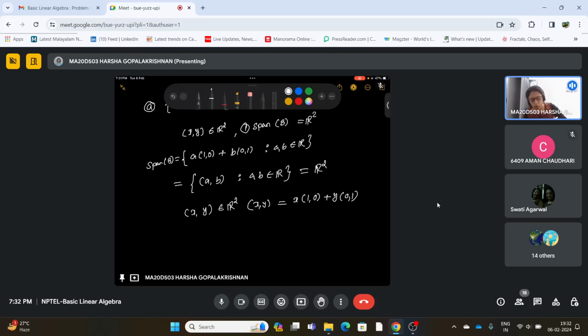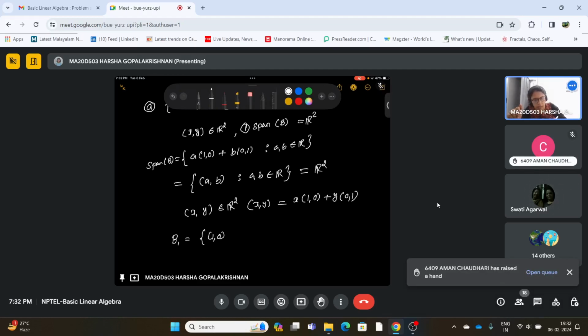Now the next condition is that any proper subset of B should not span R2. For example, suppose I am taking B1 equal to the set containing 1 0. Any doubt?